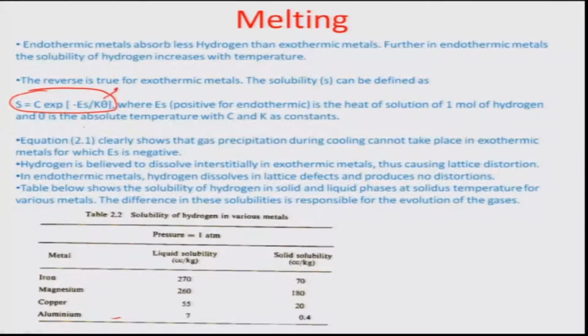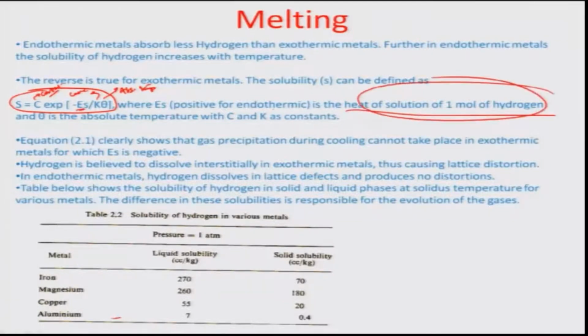Theta is the absolute temperature, K is a constant related to the material, and C is also another constant, again related to the material, and this Es here is really the heat of the solution for 1 mole of hydrogen.